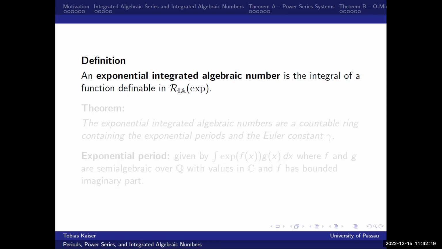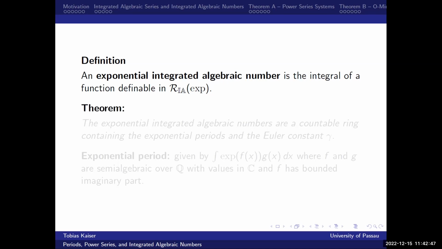So a period was the integral of a semi-algebraic function over Q. That's the same as we have just shown before. Here, that's my definition: an exponential integrated algebraic number is the integral of a function definable in here.